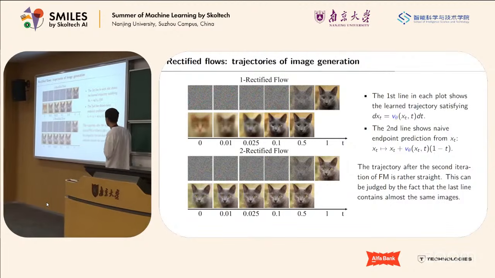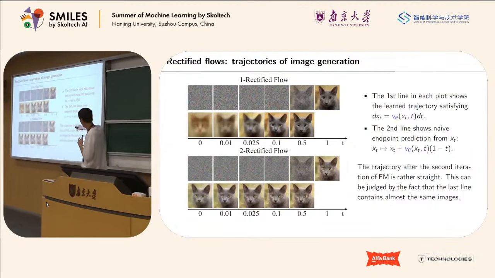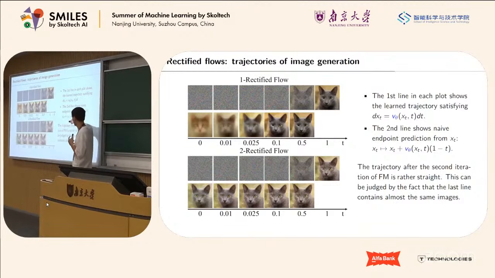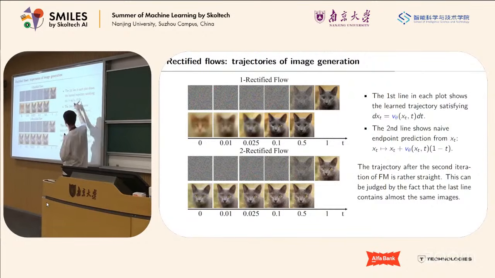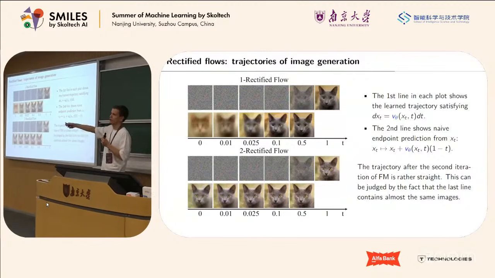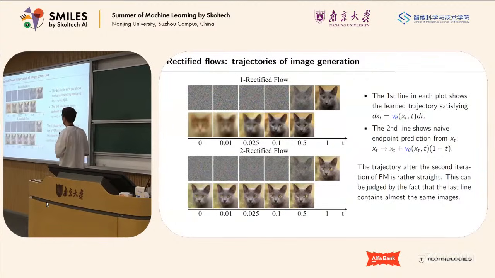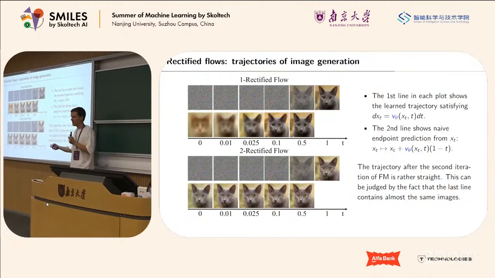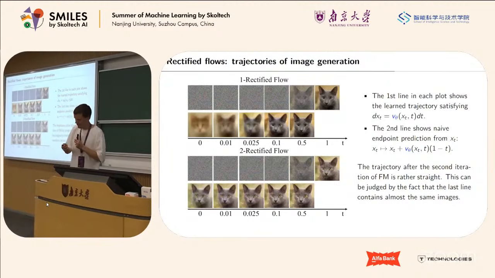This is what is shown on these second lines: at some point xt, you would like to do a big jump to the final time moment. The first lines show when you try to integrate your trajectories accurately, but this is usually complex, because you need to model your entire trajectory. It is obviously much better to do one-step generation, because you need to apply your neural network only once.